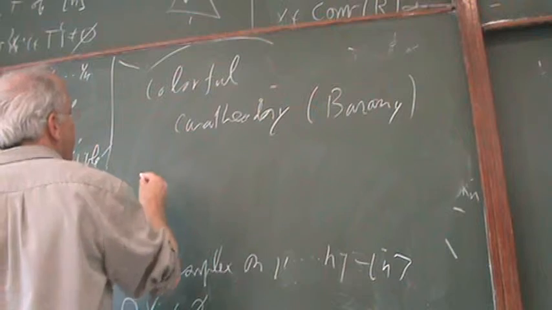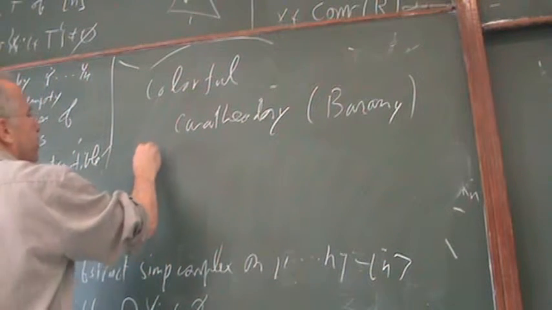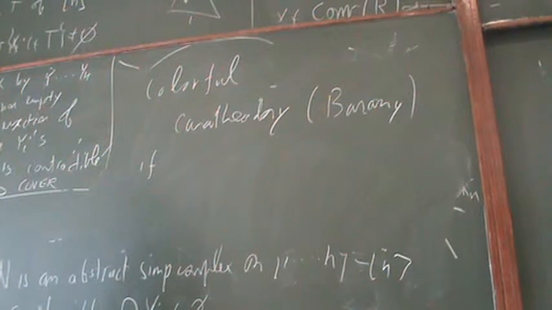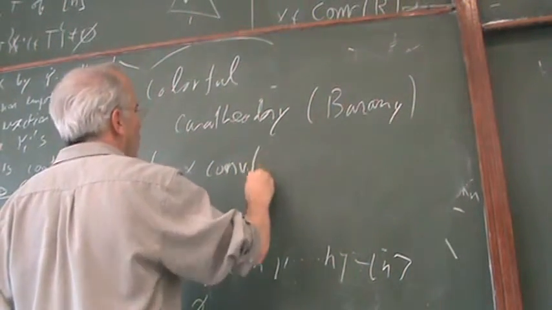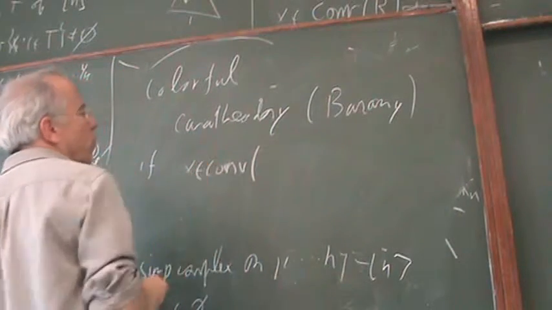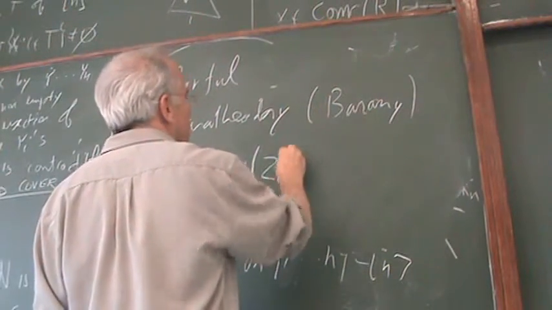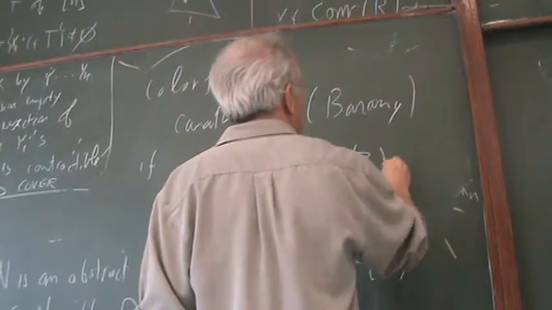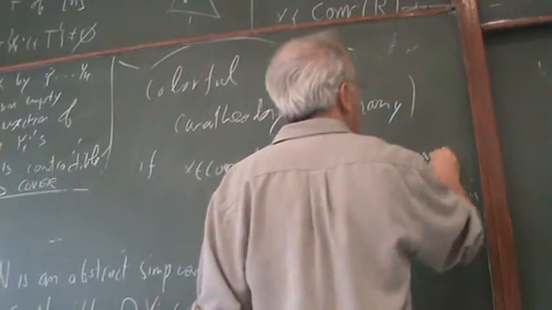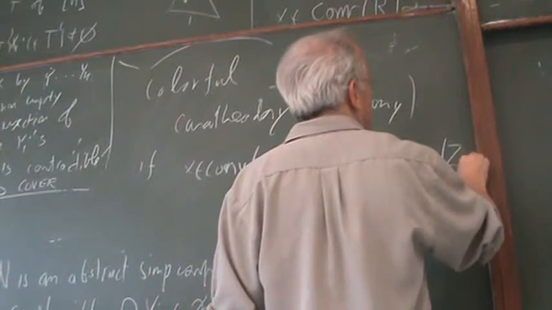So the following. Suppose that x belongs to the convex hull of Z1, intersection the convex hull of Z2, intersection up to the convex hull of Z_{d+1}.